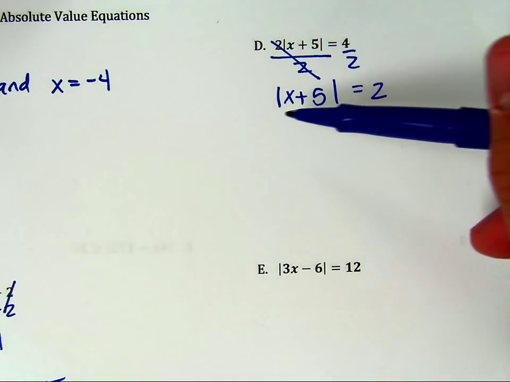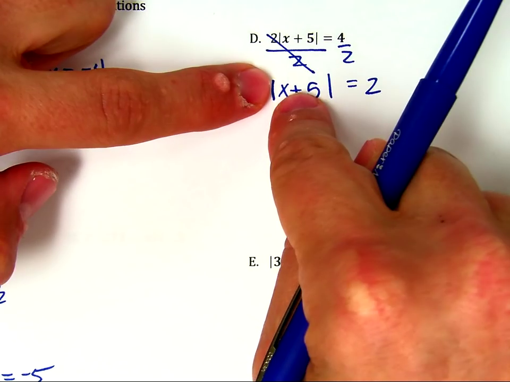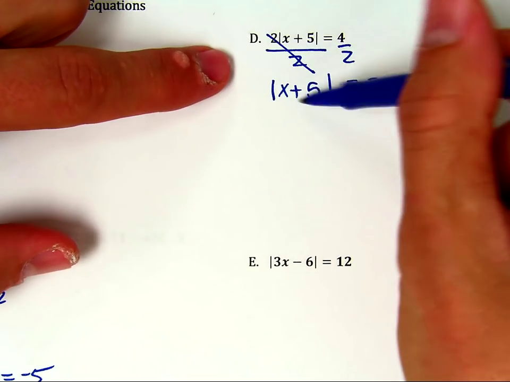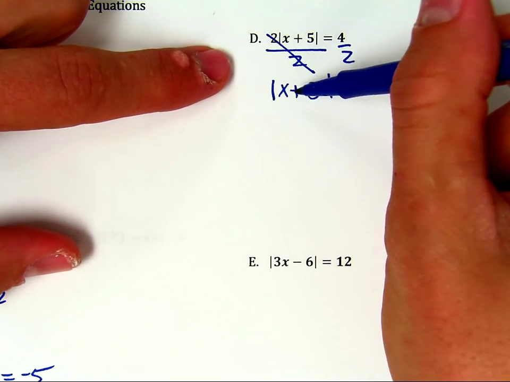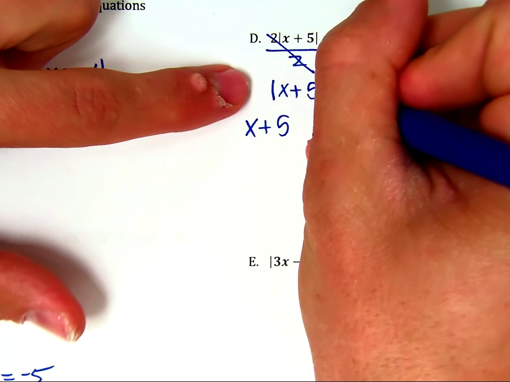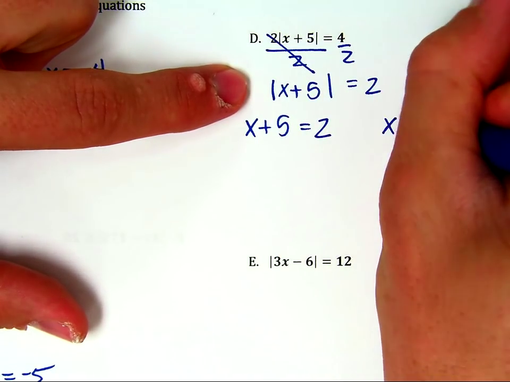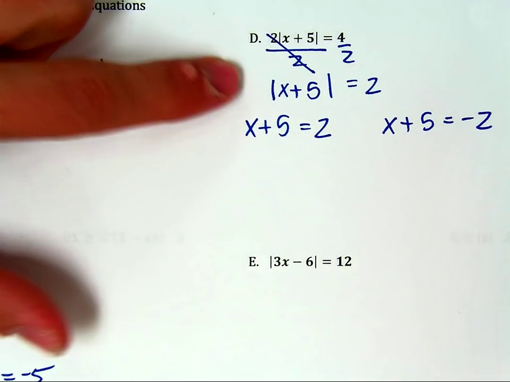Okay, now here, the absolute value is by itself. Yes, we have a plus 5 in the middle, but we go ahead and evaluate this as just a single expression. So from here, we say x plus 5, that's what's inside the absolute value, equals 2, and x plus 5 equals negative 2. Right?